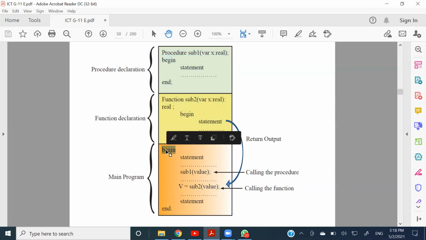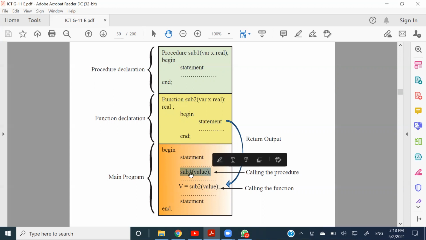Now this begin is the begin of the main program, and end is the end of the main program. There will be statements in between, and here you can find they are calling the procedure, sub1, and some value is sent. Then it goes to this green colored part and executes it.